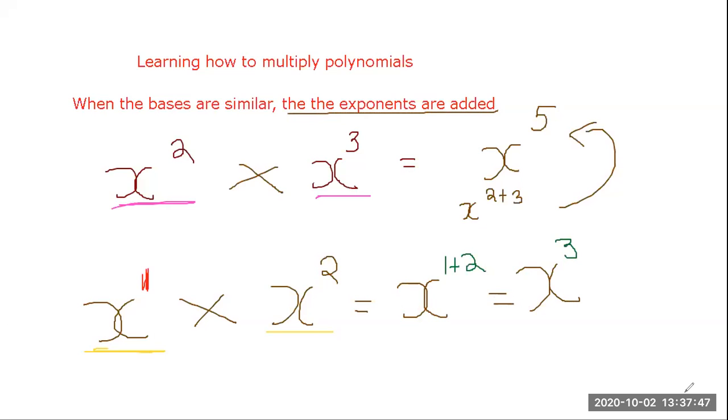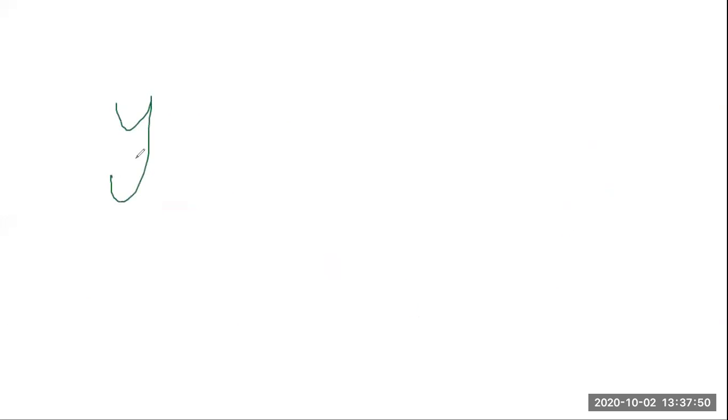Okay, let's do one more example. Let's increase it: xy times x squared y. If I'm going to do this, I do the same addition with the x's and the y's. This is basically saying x to the 1 and y to the 1, and this is y to the 1.